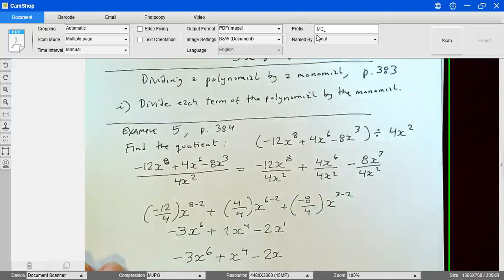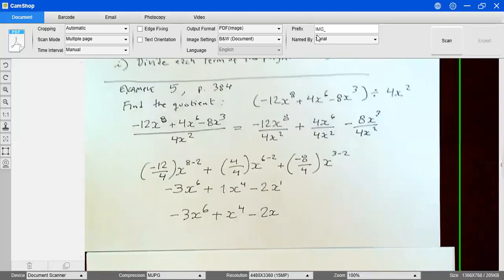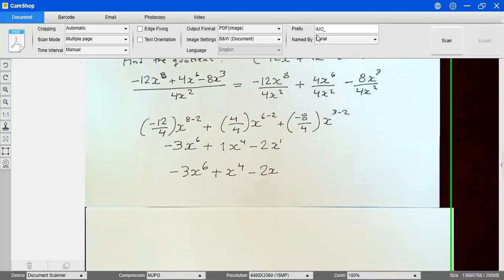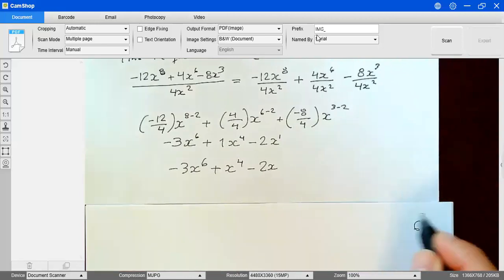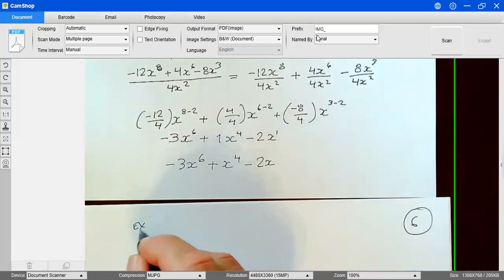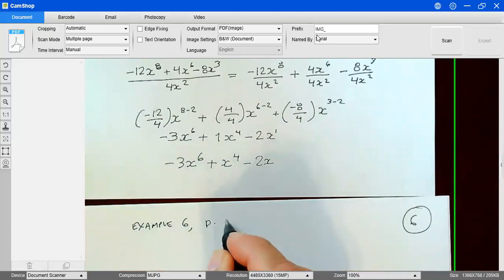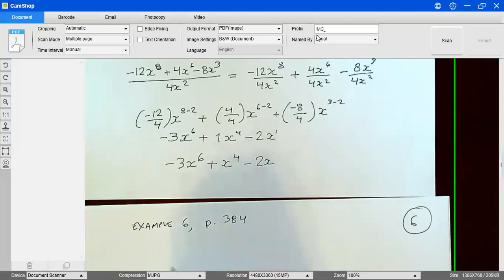So that's example 5. Let me work one more example, and maybe you're going to be ready for your assignment work. So this is example 6 on page 384.